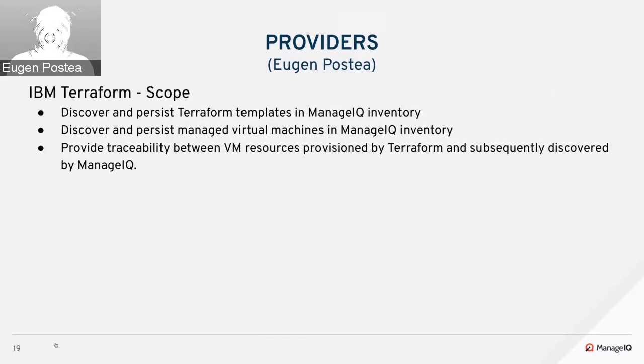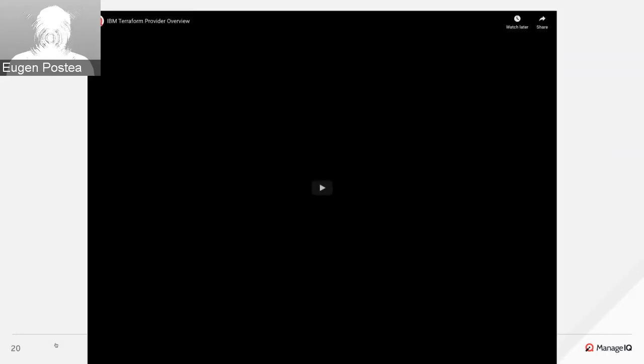We also added a traceability between the VM resources, the managed virtual machines provisioned by Terraform, and also discovered by ManageIQ. So, for instance, one of the use cases is that users can run data operations against virtual machines that are provisioned by Terraform. Next slide. Actually, I think I have a demo now.